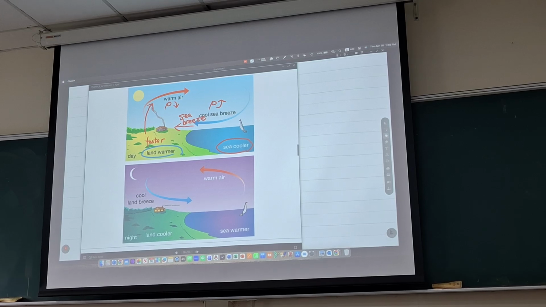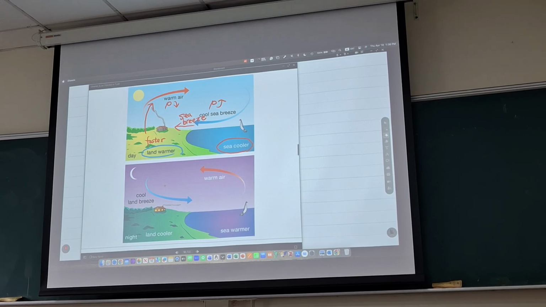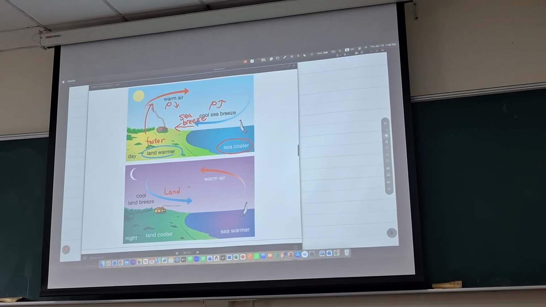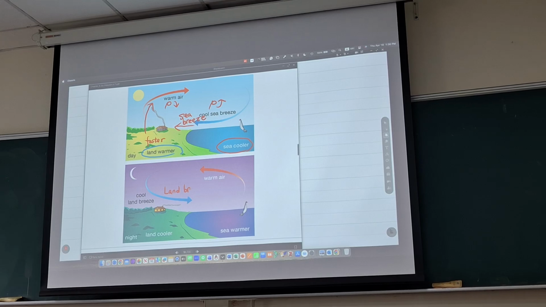And during the night time, you're going to generate something called land breeze. Everything is totally opposite, right? So the land is cooler at nighttime, and the sea is warmer.